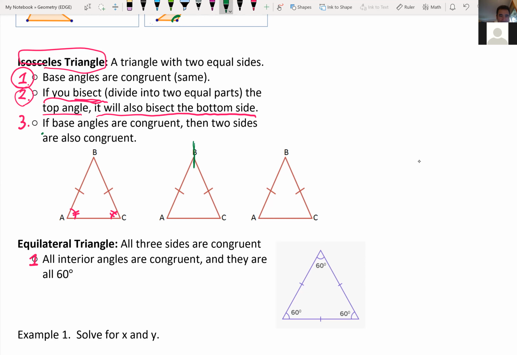If I cut the top angle in half, that means this angle and this angle are now equal. Then this line will also cut the bottom side in half as well. That means this side and this side are going to be equal too. And that's property number two.